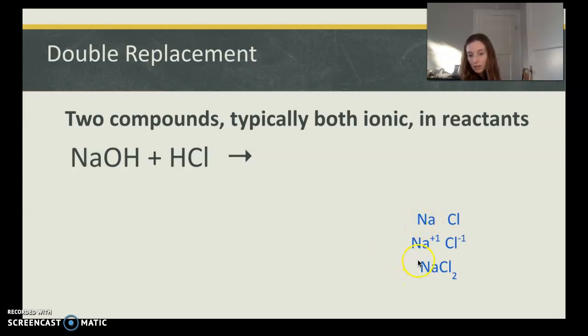So look at my charges. Na has a +1 charge, Cl -1, so it's just NaCl. This should not be there, sorry, so ignore that. And then HOH, hydrogen has a +1 charge, O has a -2 charge, so we have H2O.